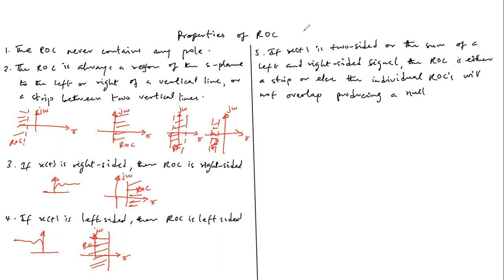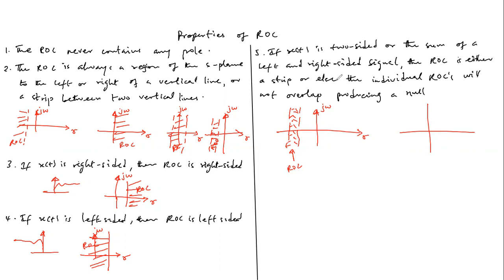So what's the implication? This gives us something like a strip, right? J omega sigma. So when this signal is right-sided and this is left-sided, this is the region of convergence, right? So there is an overlap. Now, the second case here is the sum of the left and the right-sided signal, which is this.